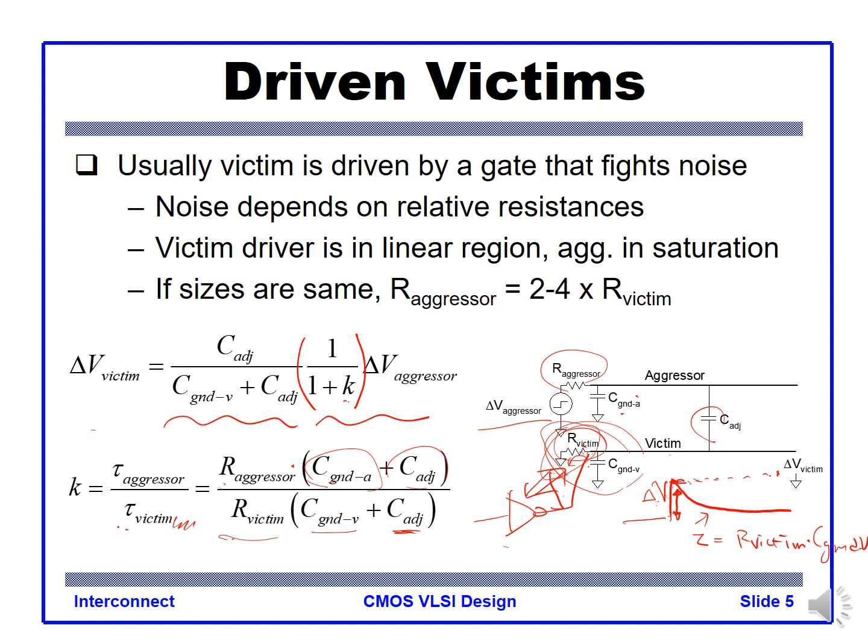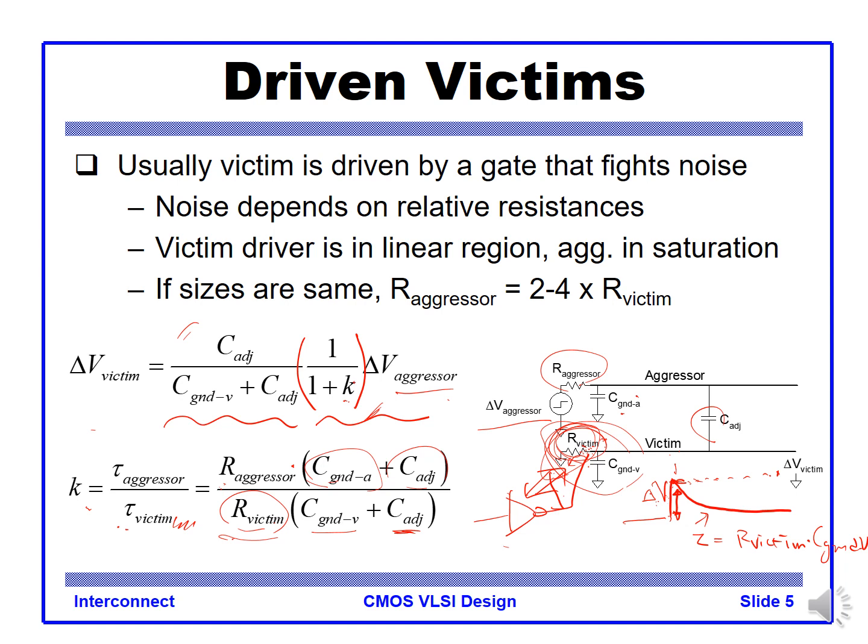So what you remember is that we still have some coupling effect here. The adjacent line will have a different coupling with the R value. If the R victim is stronger than R aggressor, for example, if this R is smaller, stronger meaning smaller resistance, and the R victim approaches 0, then k becomes infinity.